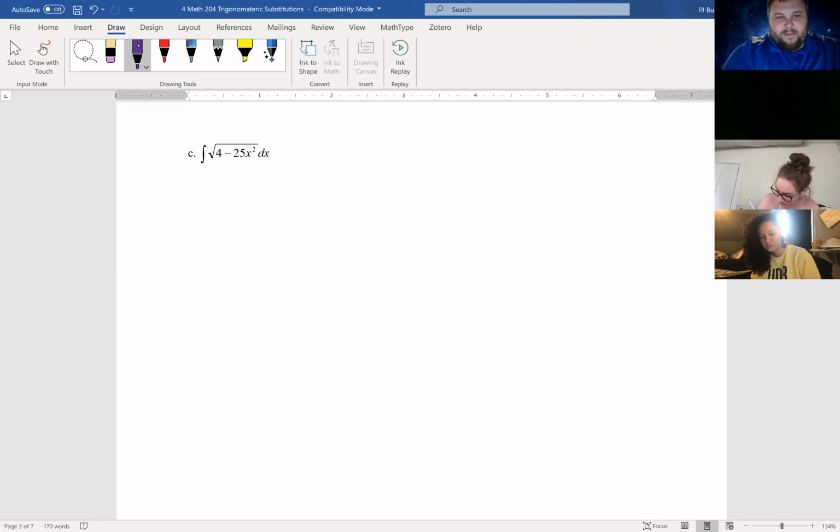What if at the beginning of this problem, I say let u equal 5x, because this thing is 5x quantity squared. And if u is 5x, then du is 5 dx.